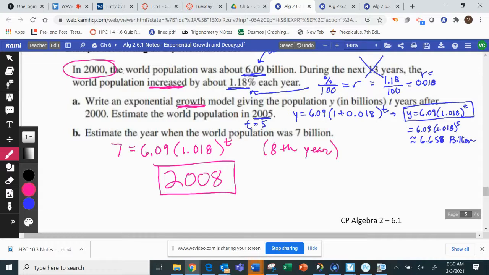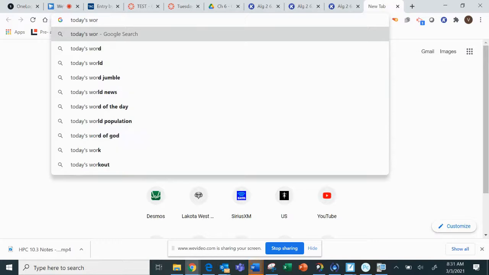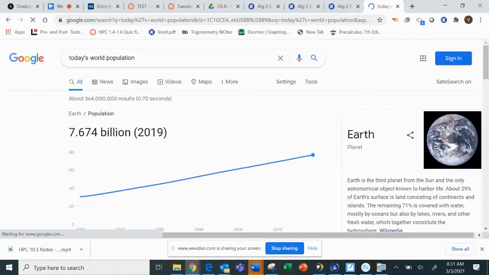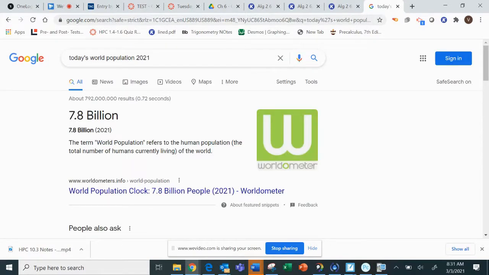Do you guys know how many people live in the world today? Does anybody know? Okay, let's Google that real fast. About 7.8 billion. Let's see if that works with our model.